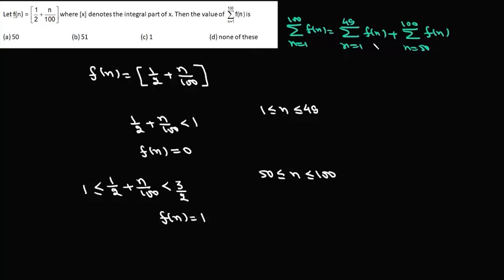Now from 1 to 49, this is 0, and from 50 to 100, it is 1. So it is nothing but summation n varies from 50 to 100, 1, and this is nothing but 51, and that's your option B.